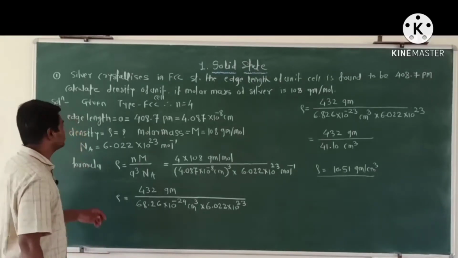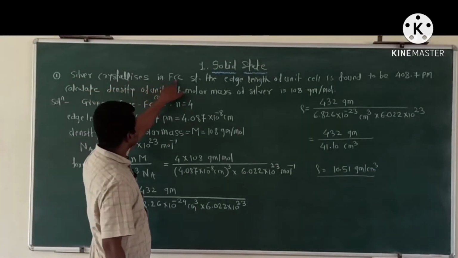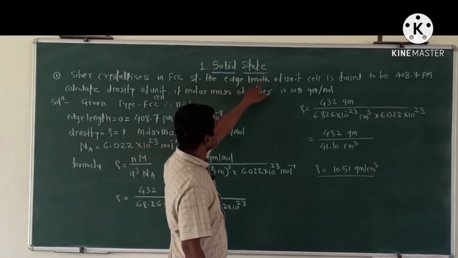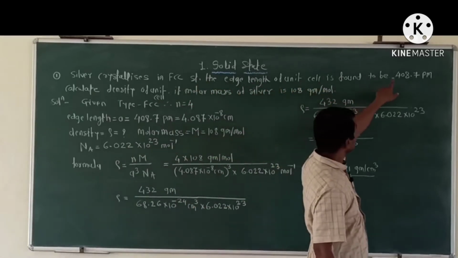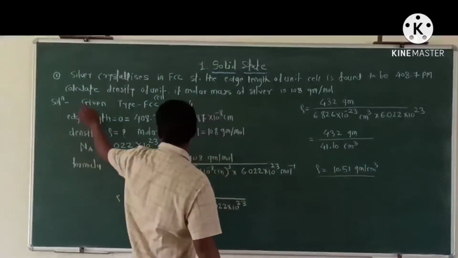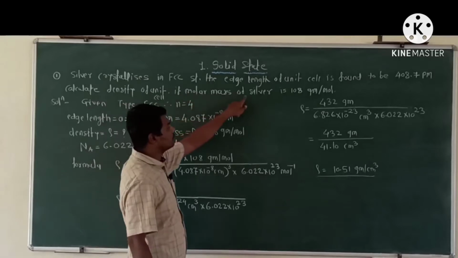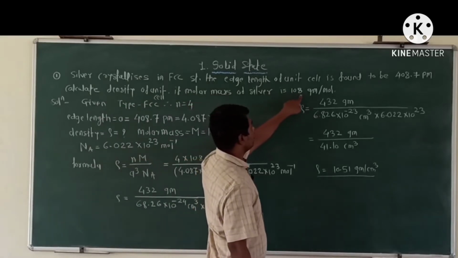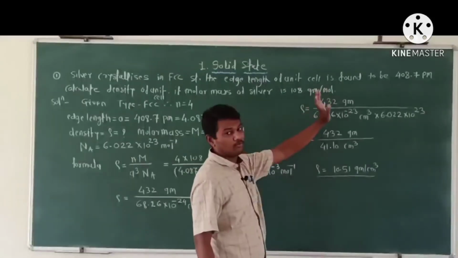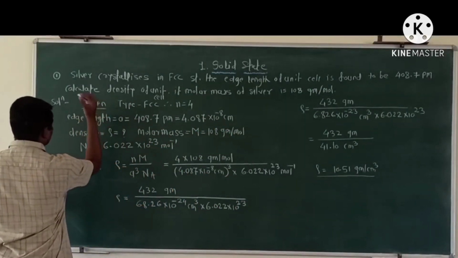The first numerical is: silver crystallizes in an FCC structure. The edge length of the unit cell is found to be 408.7 picometer. Calculate the density of the unit cell if the molar mass of silver is 108 gram per mole. Okay, now first the given quantities.